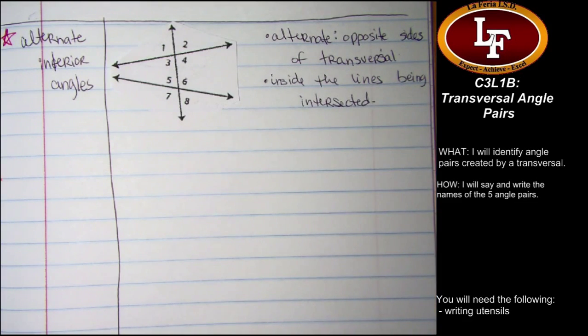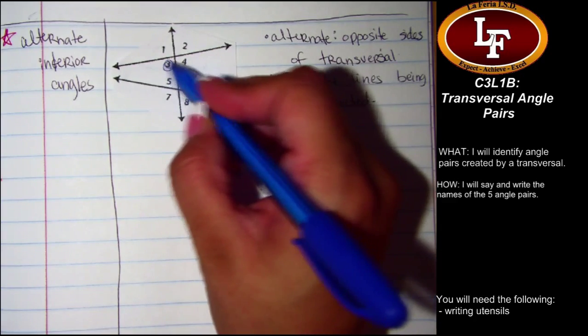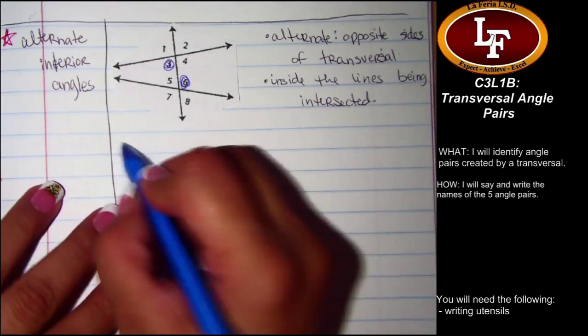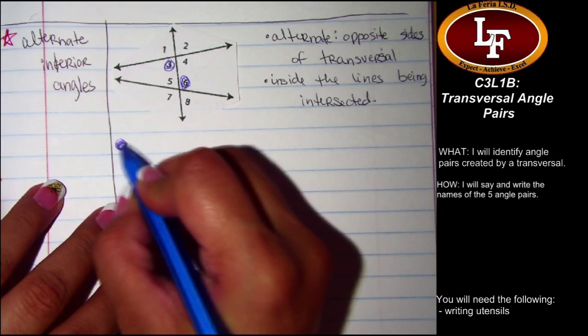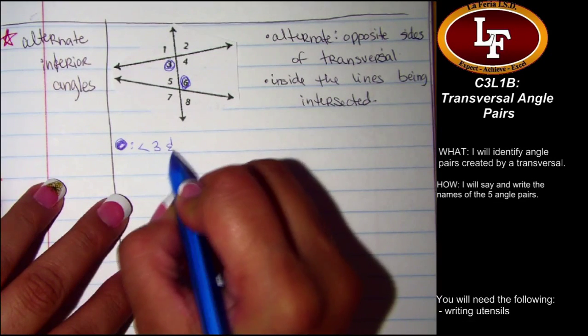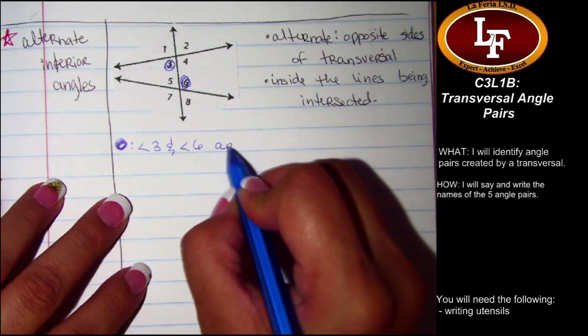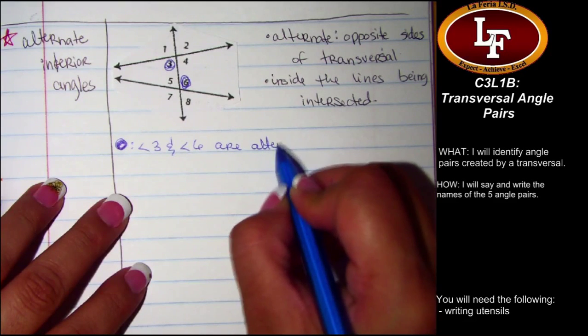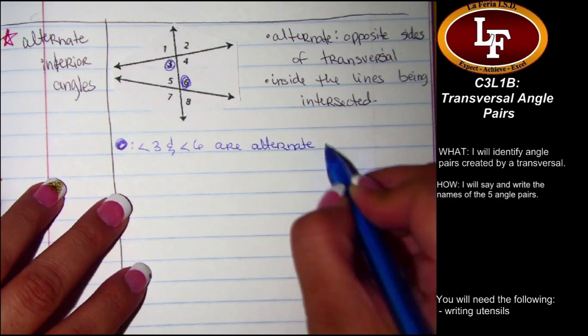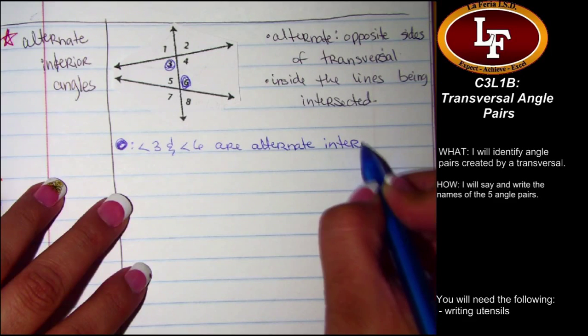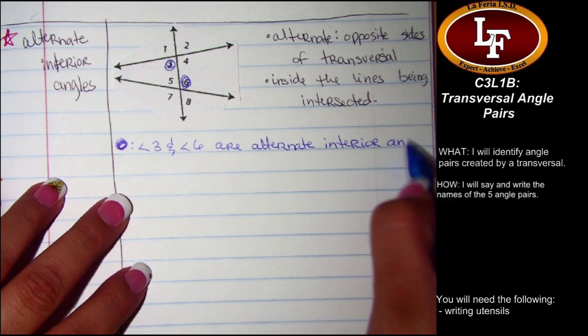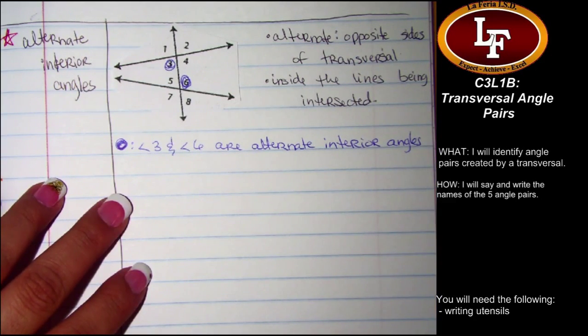And so a pair of alternate interior angles would be 3 and 6. What's the other pair? 4 and 5, says Jordy. What do you think, Justin? 4 and 5, he says, are the other pair.